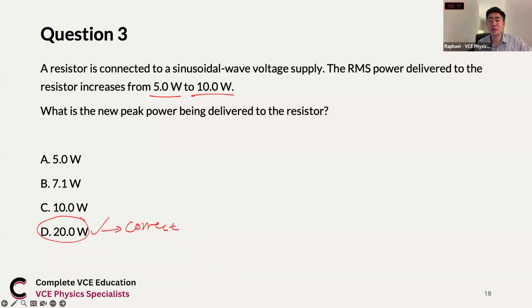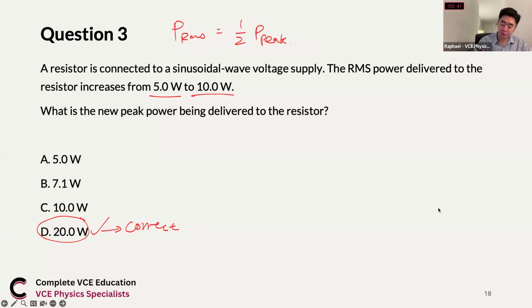Okay. So there's a formula. The formula is that P RMS is equal to half of peak power. So peak power is twice that of RMS power. Why is that the case? Well, we all know the formula for peak voltage or peak current. Hopefully, we know that by now.